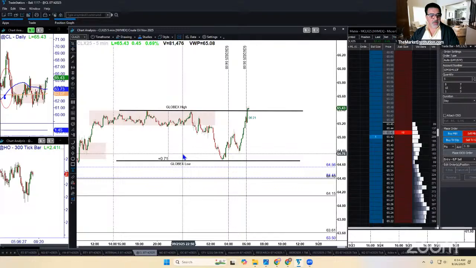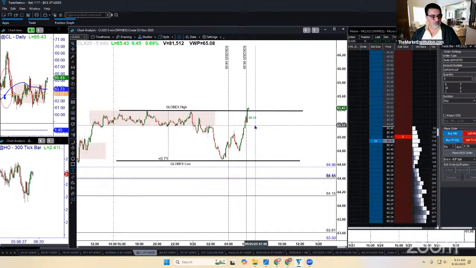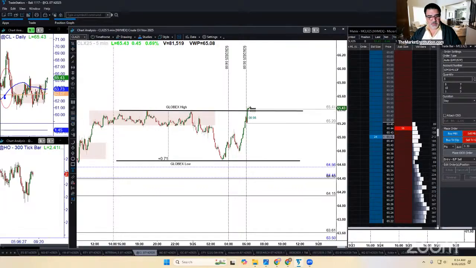And if that range is within 50% or let's say 40 to 70% of the daily ATR, generally I shy away from taking the open range breakout trade because things just get a little choppy.